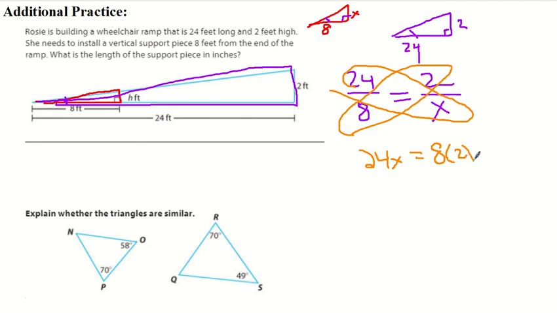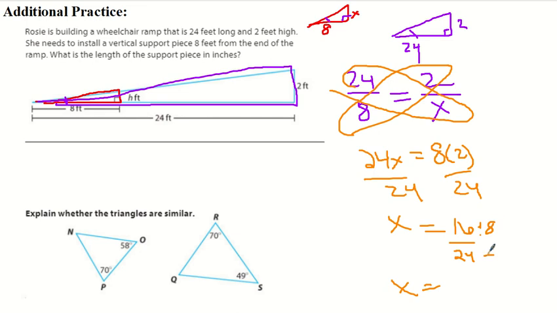When we cross multiply, I multiply diagonally, 24 times x is 24x, 8 times 2 is actually 16, so I'm going to divide both sides by 24, and that gives me x equals 16 over 24, which does simplify if I divide these both by 8 to 2/3. So that means this height right here is equal to 2/3.